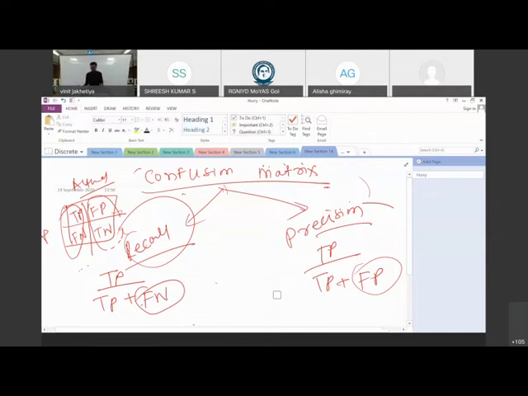Let's take one more example, spam detection. These days you must be getting a lot of spam text. There are a few models available in Google or Hotmail, any web server you use. They have some machine learning based model which will detect whether any email is spam or not. So in the case of spam detection, what is more important?